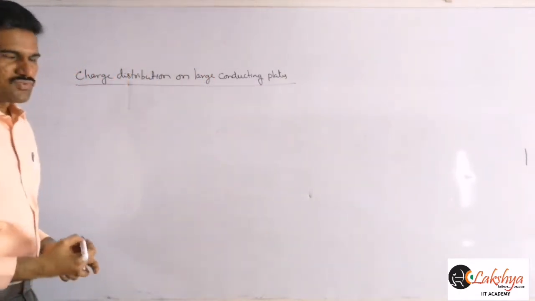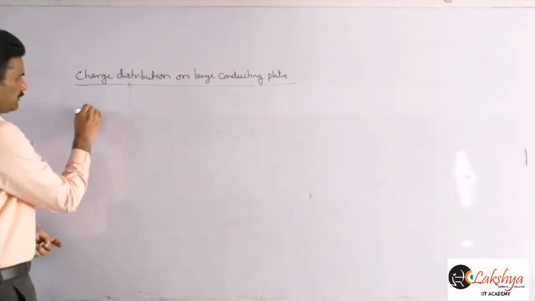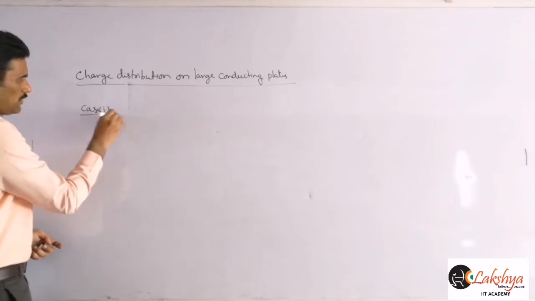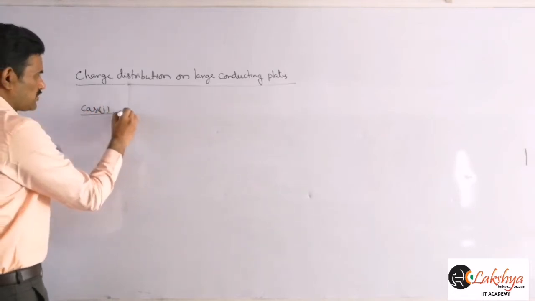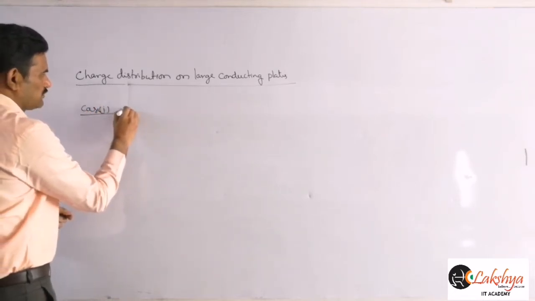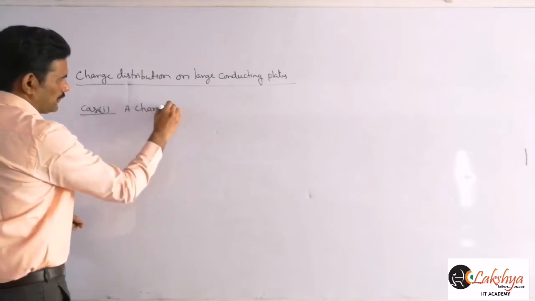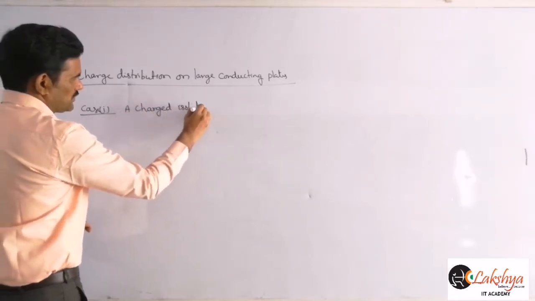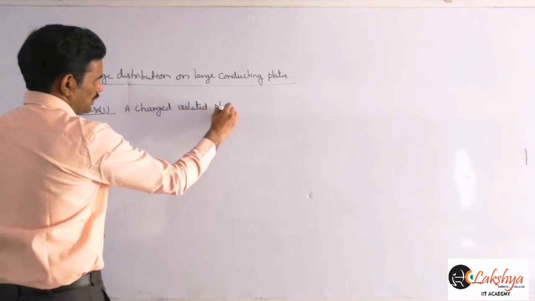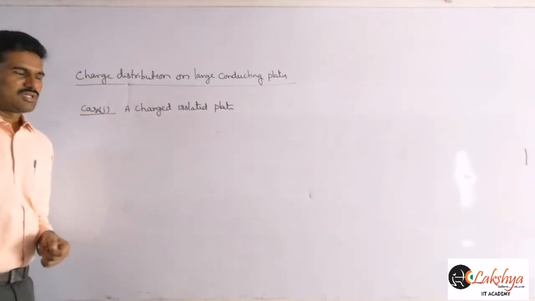In that, the first case we are taking is charge distribution on isolated plates, a charged isolated plate. That means only one plate we are taking here.